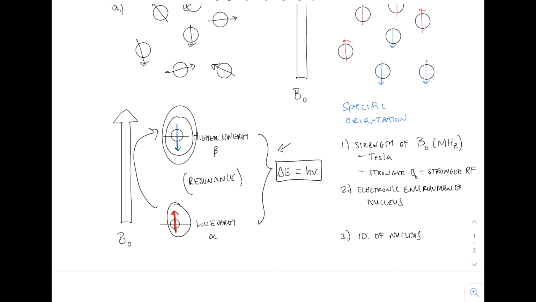Some of the factors that can affect the environment of that nucleus would be things like the electronegativity of atoms surrounding the proton or carbon in this case, as well as resonance structures.